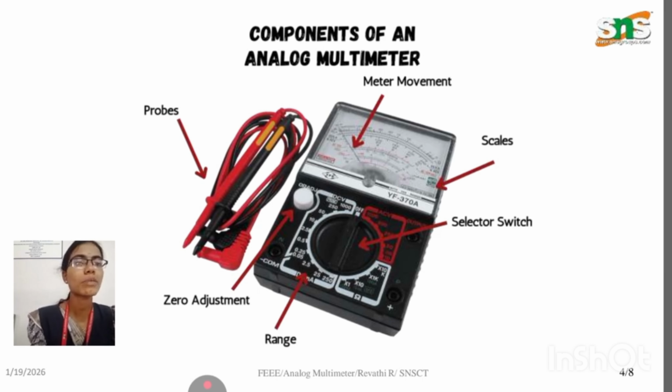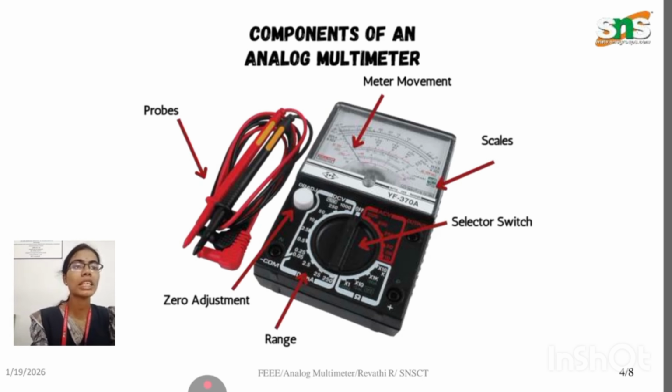Zero adjustment is the point where we have to set the zero. As in a voltmeter or ammeter, we can check the zero point, so that we can eliminate human errors and some point variation in the whole circuit.